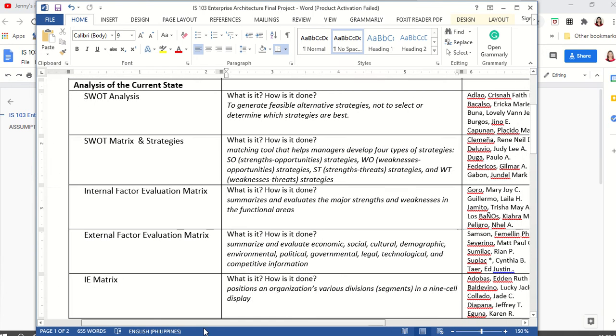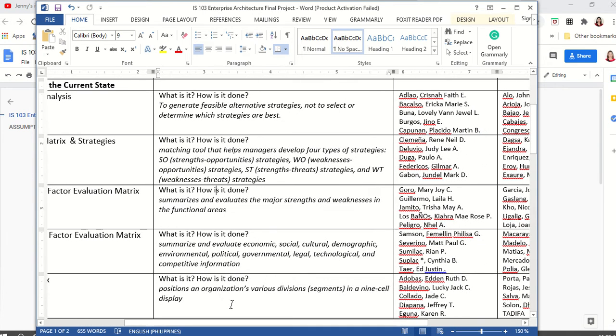We also have the IE matrix, which positions organizations and different divisions in a 9-cell display. The reporters should focus on how to identify which cell an organization belongs to.